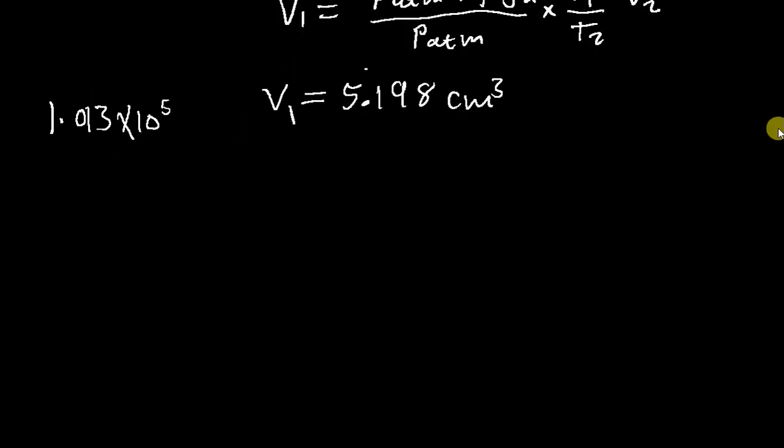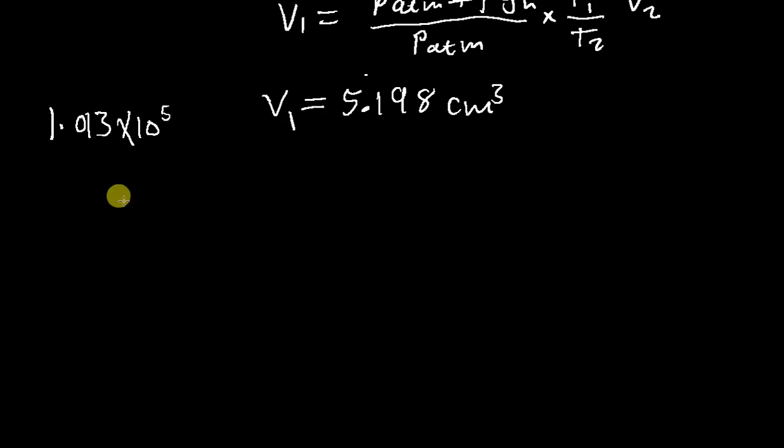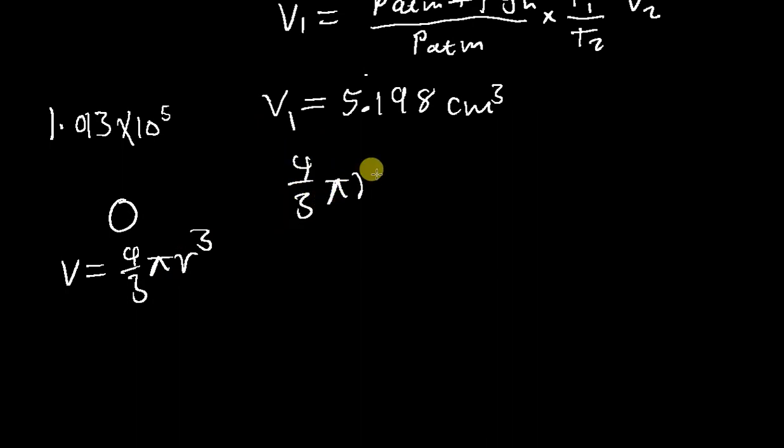So now to find the radius, we're going to consider this bubble to be a sphere. So the volume of a sphere is given by 4/3 pi r cubed. So where there is V1, you just put 4/3 pi r cubed. This is equal to 5.198, and then you make r the subject.